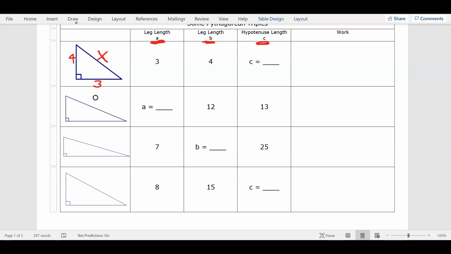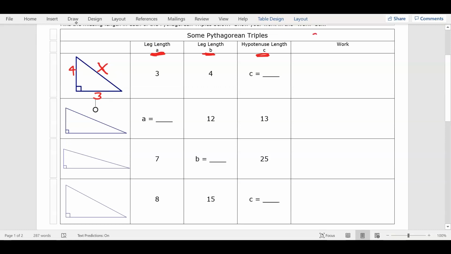Cool. So we got 3, 4, and X. Now, I'm going to do the work off to the side here. Remember, it's A squared plus B squared equals C squared. So I'm going to write 3 squared plus 4 squared equals X squared.